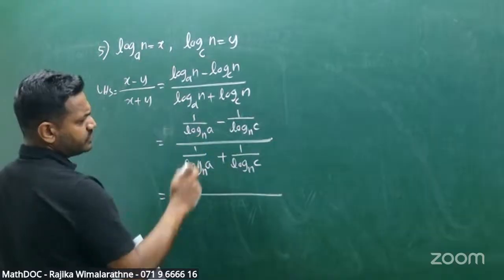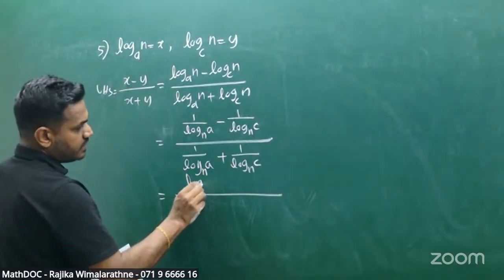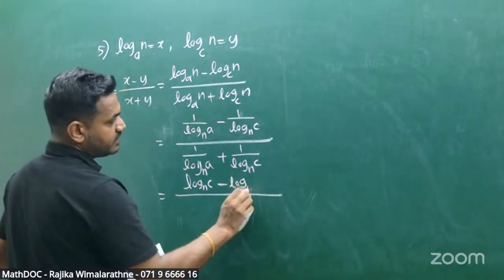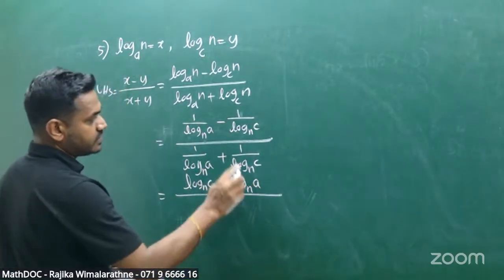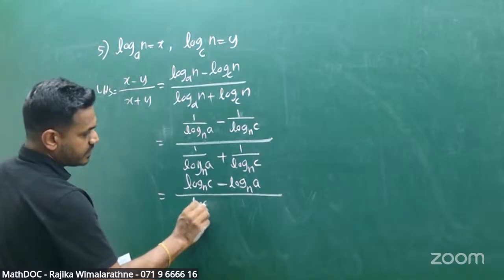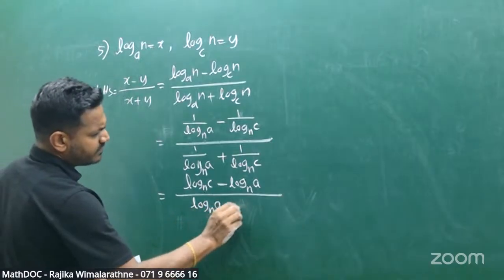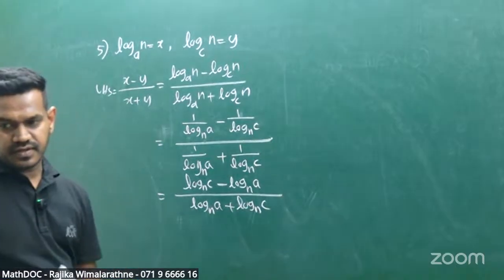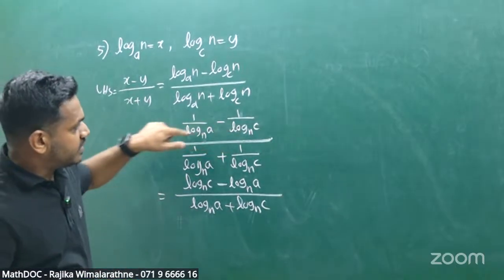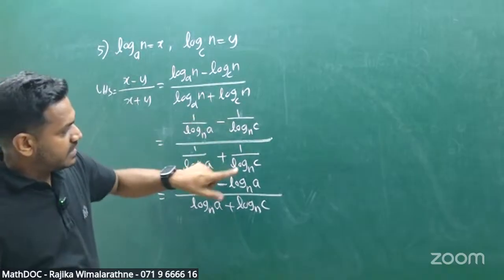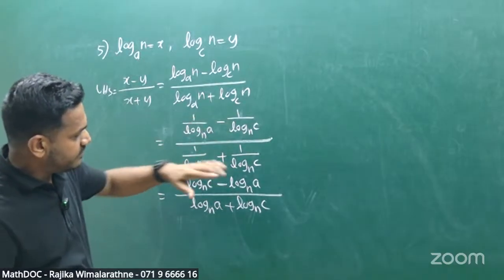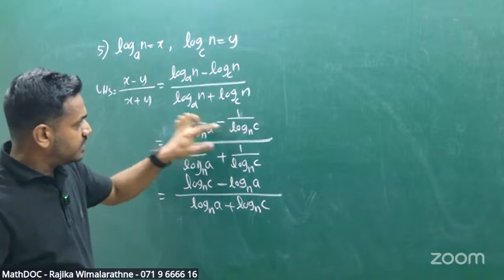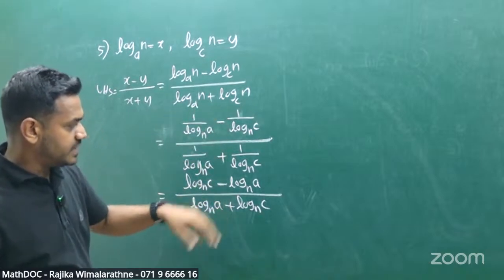Here this goes to log n base c minus log n base a, and this goes to log n base a times log n base c. Okay, then when you get a common denominator, that denominator and the other denominator we can cancel, no? Then this one and this will be there.